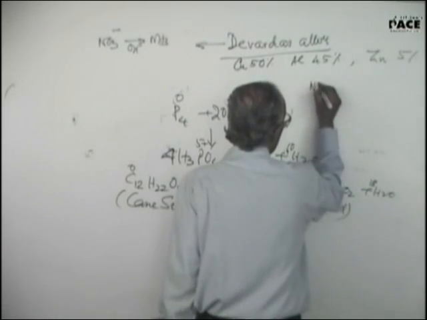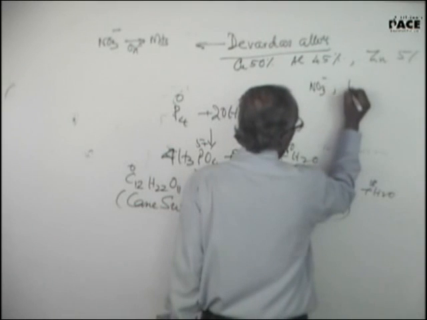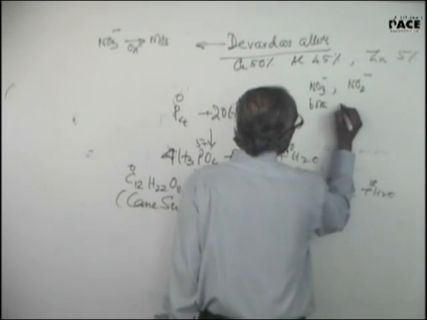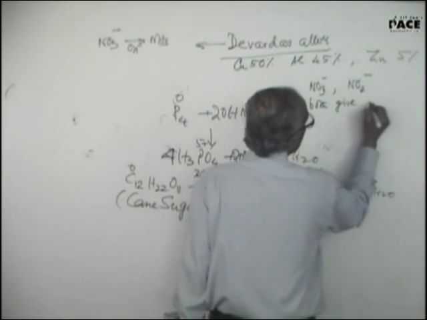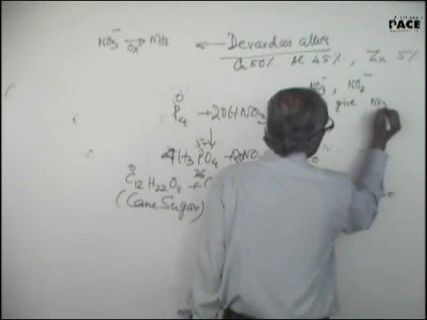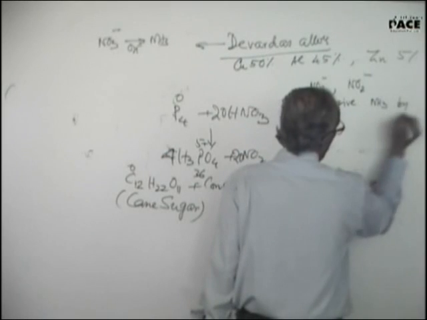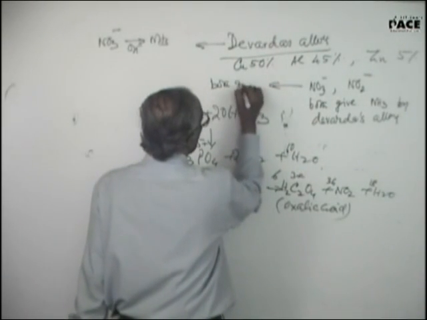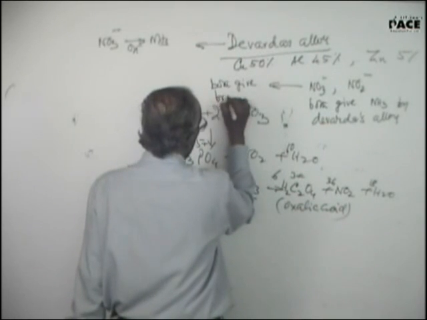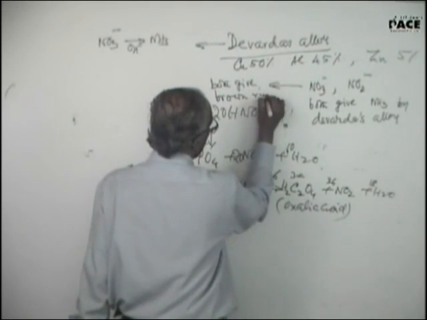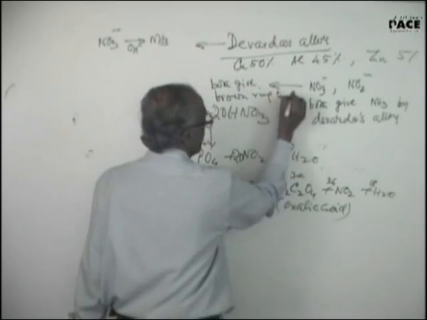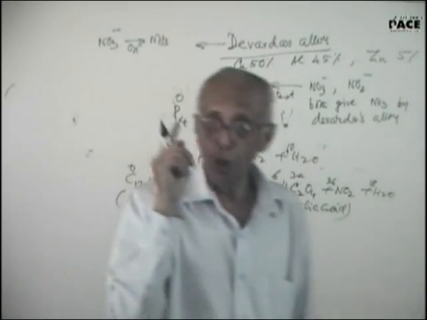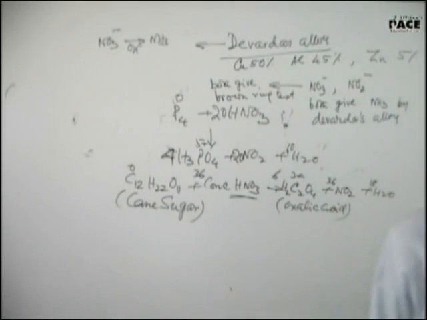Nitrate ion and nitrite ion both give ammonia by Devarda's alloy, and both give the brown ring test. Remember, the nitrite and the nitrate both will give the brown ring test.